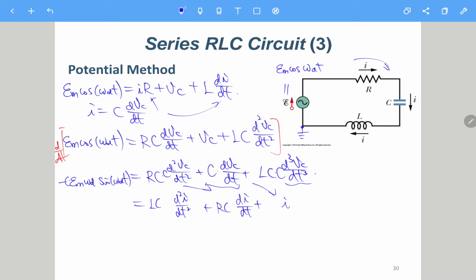On the left side it is still minus C Em omega sine omega dt.